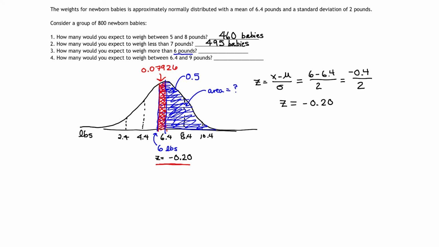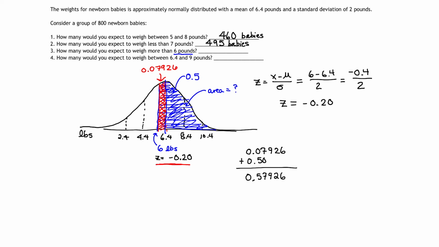So to get the total area to the right of 6 pounds, or our z-score negative 0.20, we would simply take the value we obtained from the table, 0.07926, and add it to half of the area under the curve, 0.50, and that's going to give us our total, 0.57926.